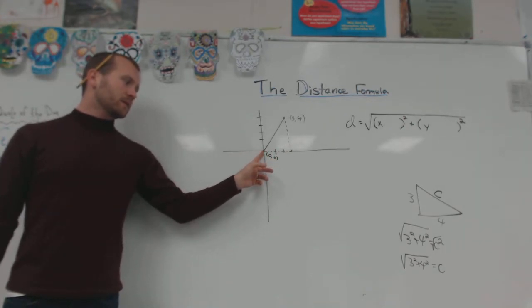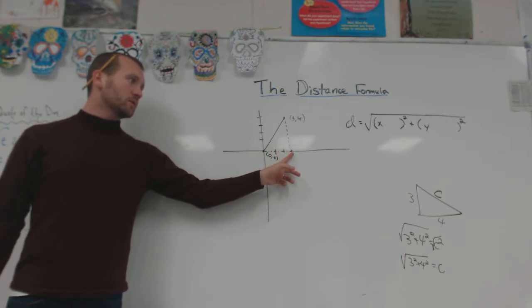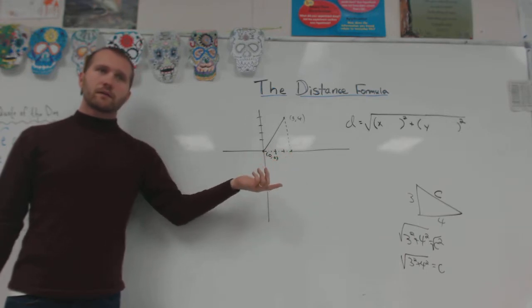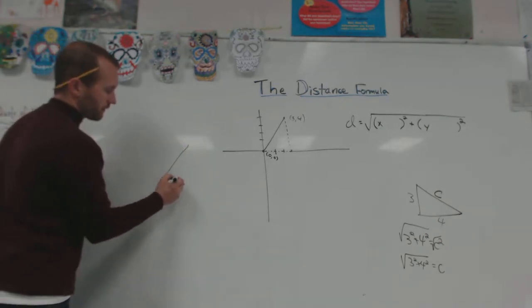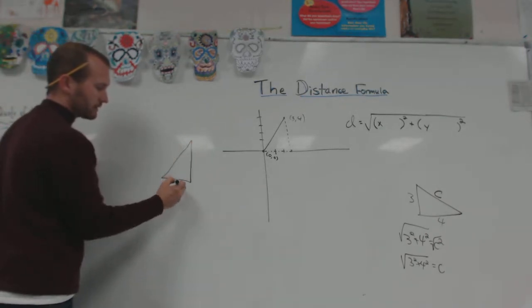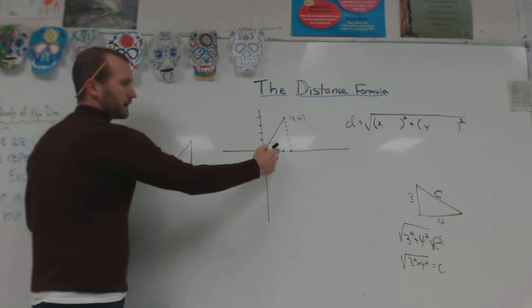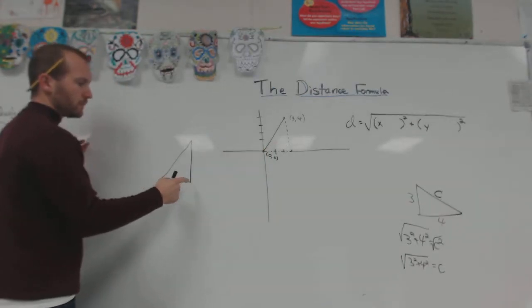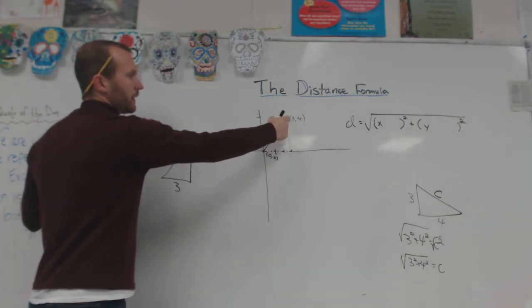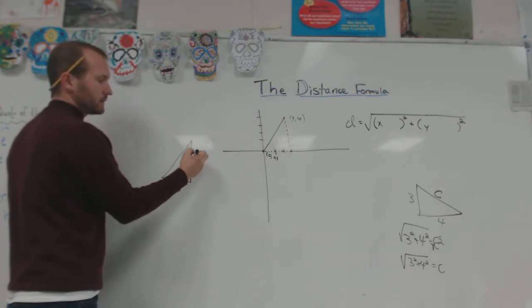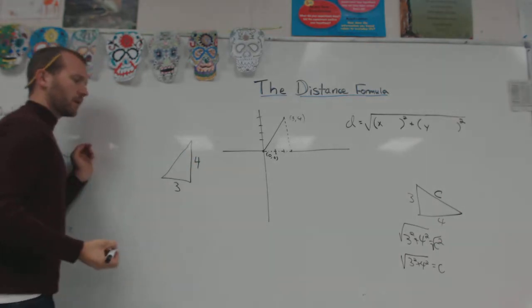From 0 out to 3, the length of that is, let's redraw our triangle over here, 3. So this side is 3. The length of this side, from 0 all the way up to 4, is 4.